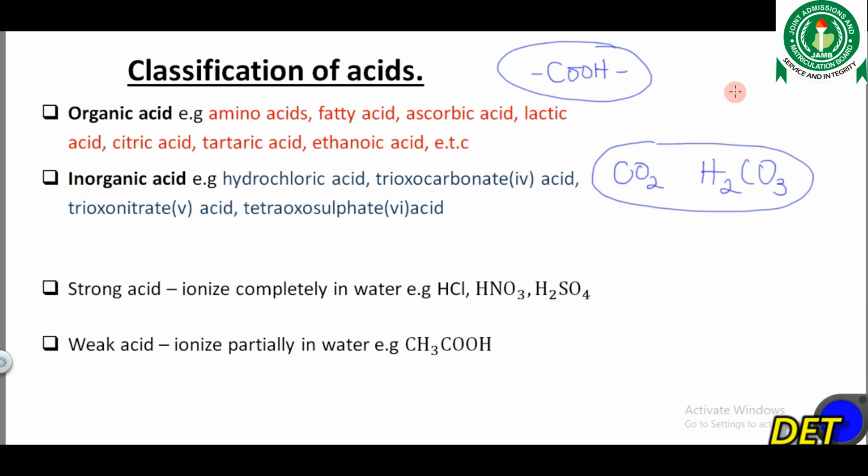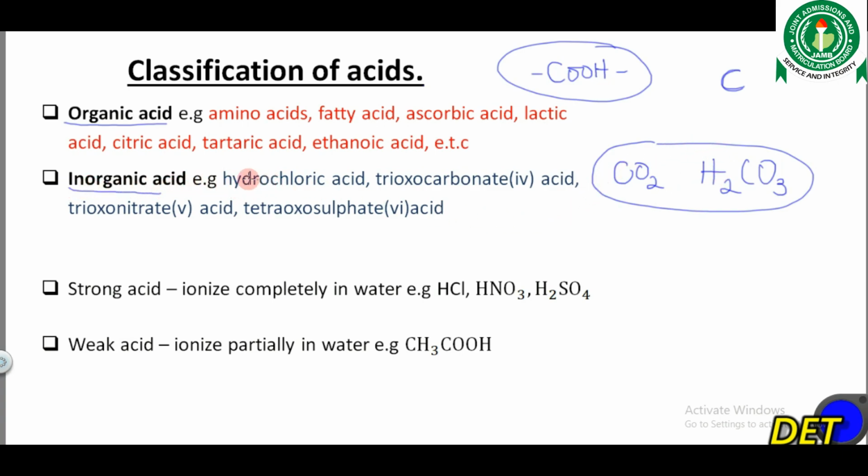So the basis for the definition of organic and inorganic acid is the presence of carbon, right? Any acid that contains carbon, usually in the form of a carboxylic group, is referred to as an organic acid, while any acid that does not contain carbon, or if it contains carbon, contains it in the form of carbon(IV) oxide and trioxocarbonate(IV) acid, is referred to as an inorganic acid, right?